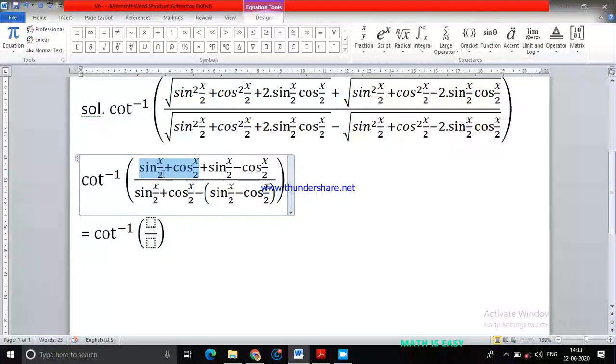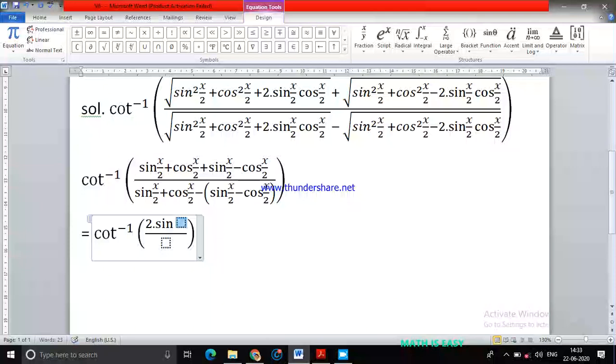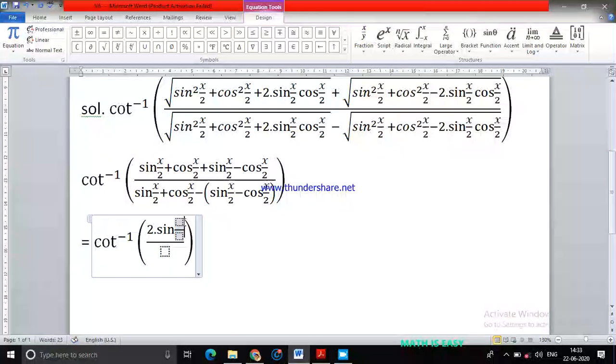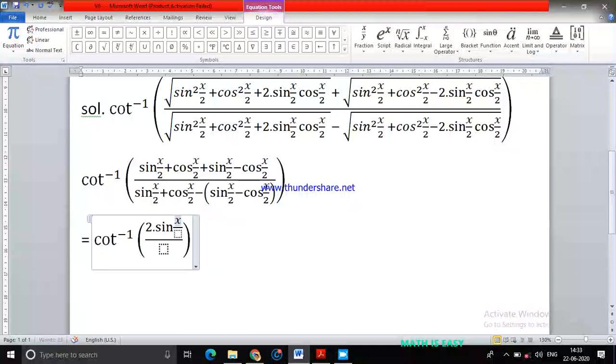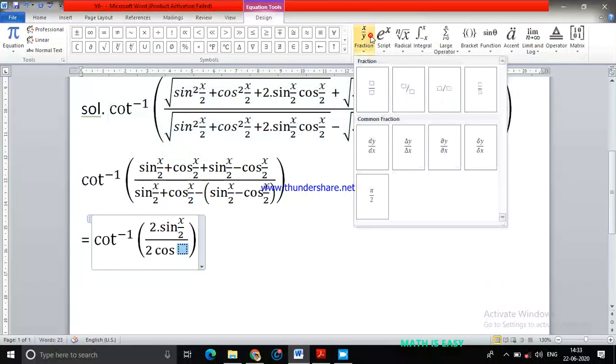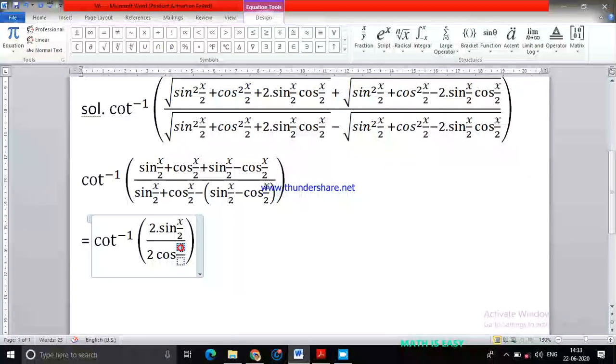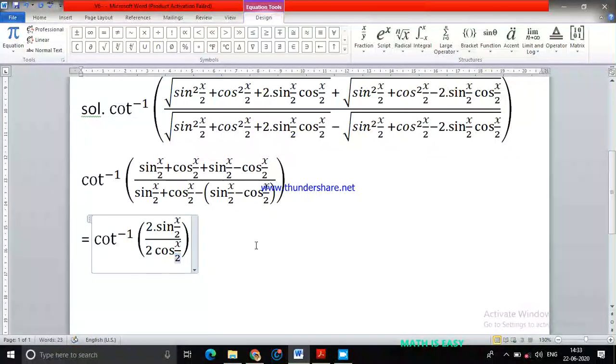One is plus sign, one is minus sign, and here you will get 2 sin x by 2. And in the denominator, sin x by 2 will get cancelled if I open the bracket. So here you will get plus cos x by 2, minus into minus is going to be plus cos x by 2, it will be 2 cos x by 2.